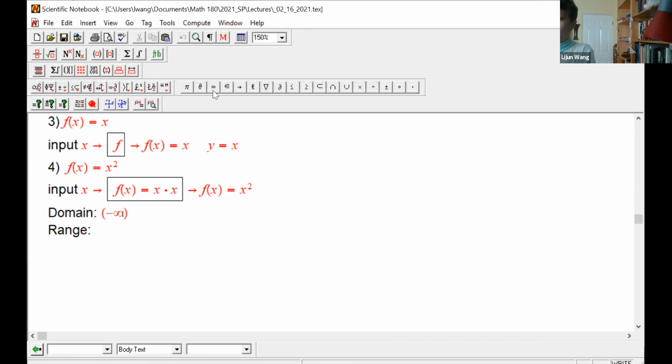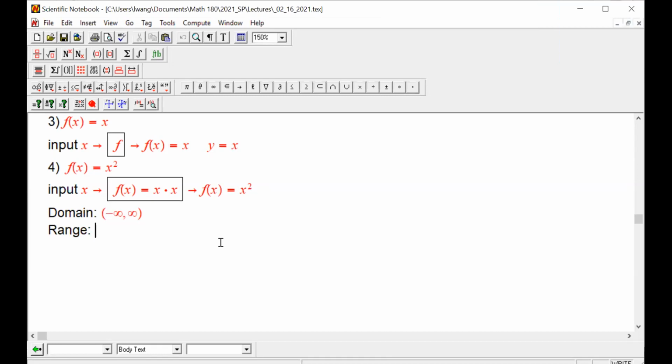You can use this notation to indicate domain. And what's the range? Think again. A number times itself. All real numbers except 0? You'll get multiple choices.